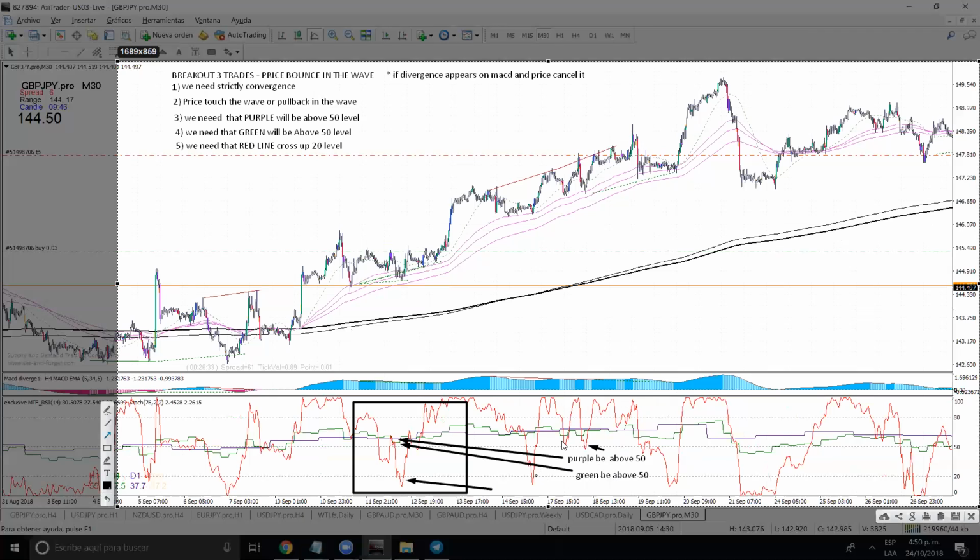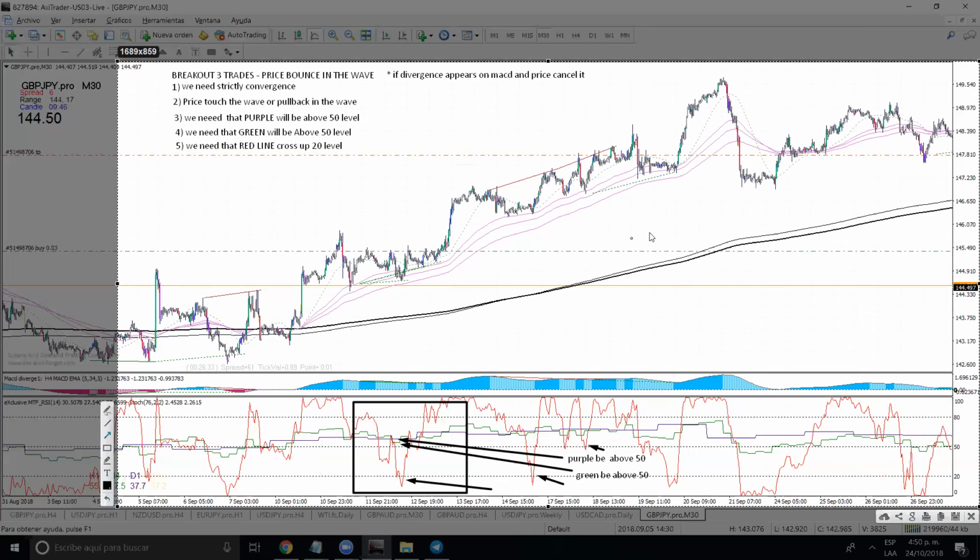It doesn't reach here. It's just when the pair doesn't have any strength or volatility to reach the 20 level, and it fits well. I prefer this one, but this works well.